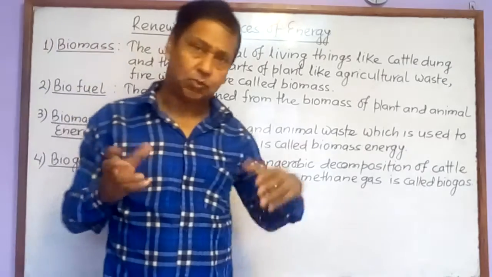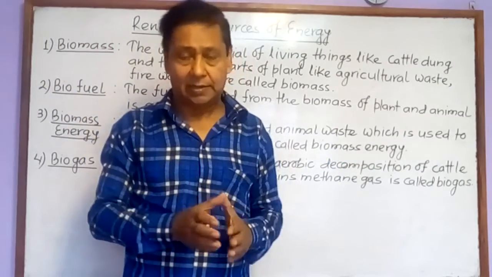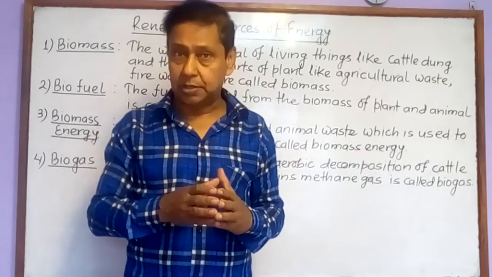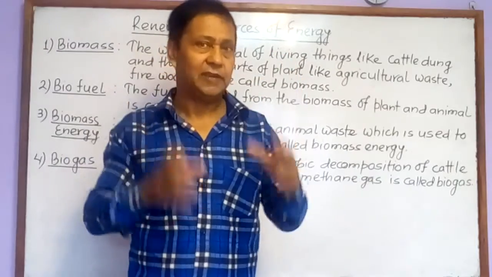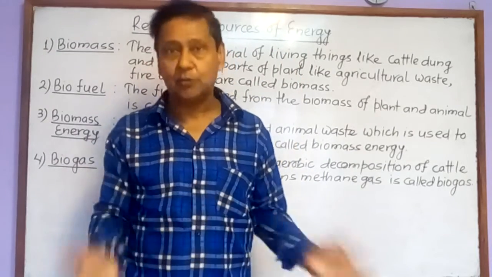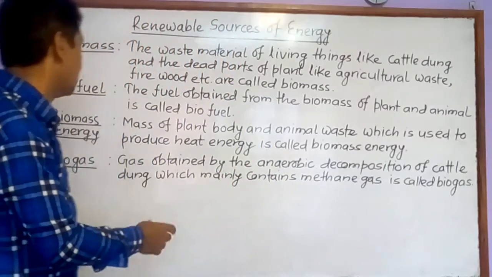Anaerobic decomposition means the decomposition of organic material in the absence of oxygen. The same, if decomposed in the presence of oxygen, is called aerobic decomposition. That's why we are concerned now with anaerobic decomposition.